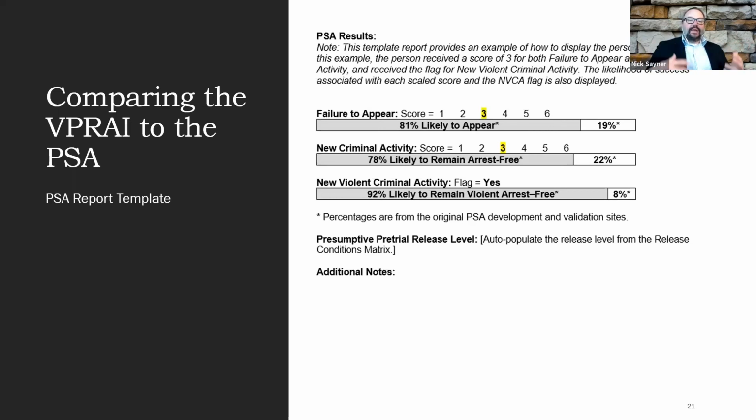So I think, when we talk about risk tolerance, people can also frame that as aggravating or mitigating factors. Let's take a look at this template, for example. Let's look at FTA. 81% of the time, the people who fit in that box made every single court appearance. There's nothing wrong with the prosecutor saying, I don't think this guy is at 81%.